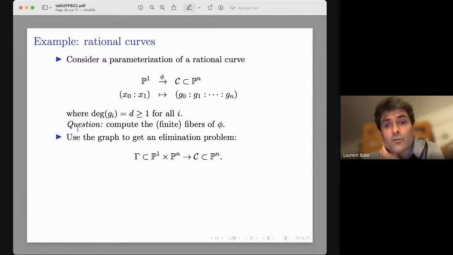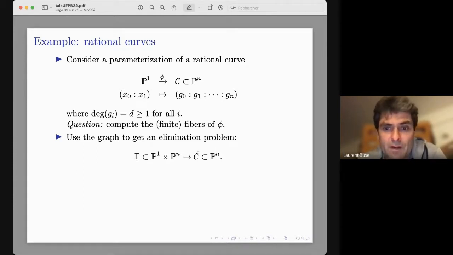So the classical way to do that is to go to the graph. You think about the graph of this map. The graph lives in P1 cross Pn, and you have a classical projection. This map is just the projection on the second factor of P1 cross Pn to Pn. And of course, you map the graph to the curve.